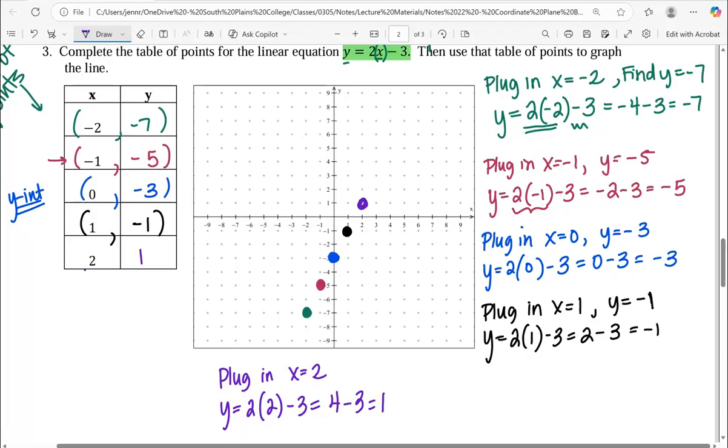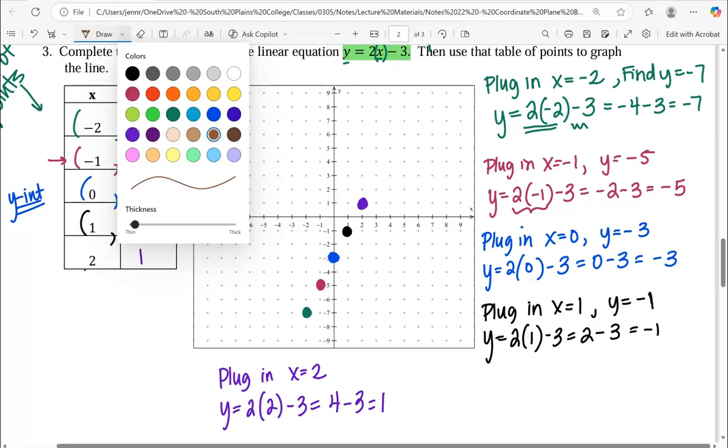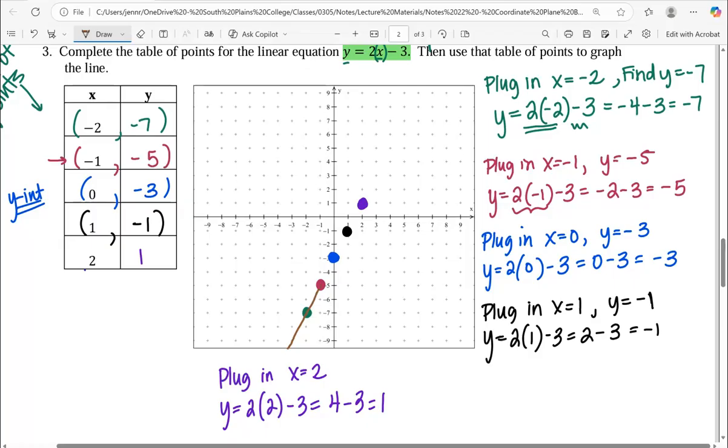Now you might notice that as we're plotting these points, they end up all lining up. And if I drew a straight line through it, this would be the graph or the visual of the equation y equals 2x minus 3.